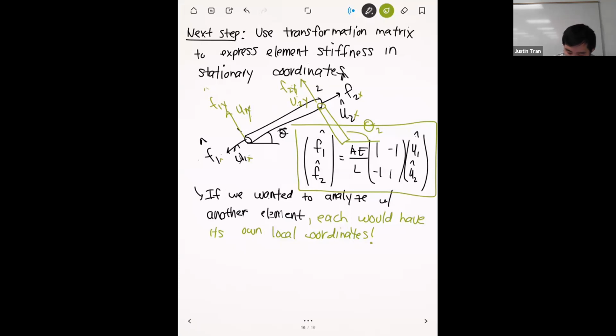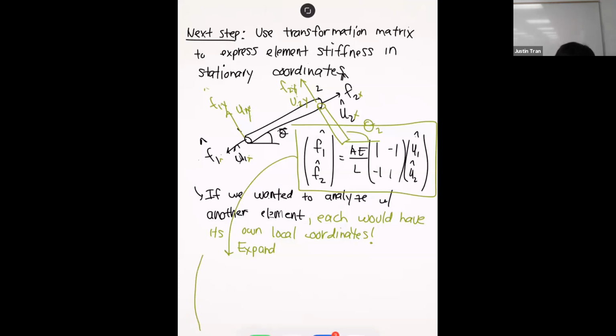All right, and so if we take this local element stiffness matrix and expand it in the y direction, we would have the following. We have F1x, F1y, F2x, F2y, and all of these would have hats.